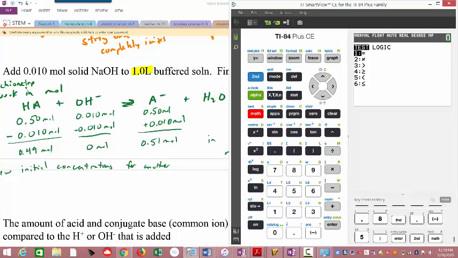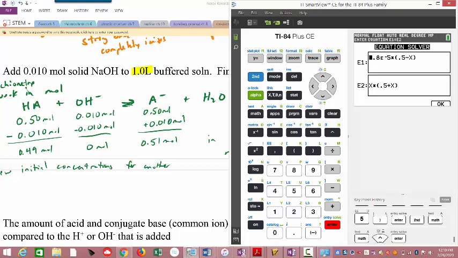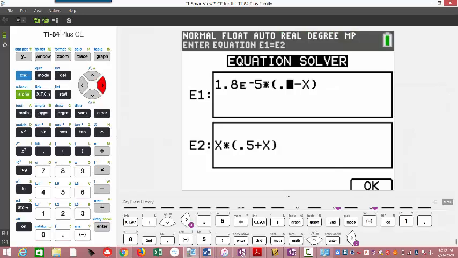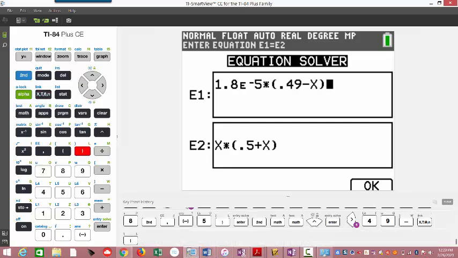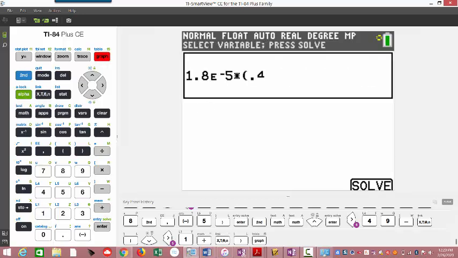Don't need that second function. So in here, I need to change that one to 0.49 minus x. And down here, 0.51 plus x. And hit OK.